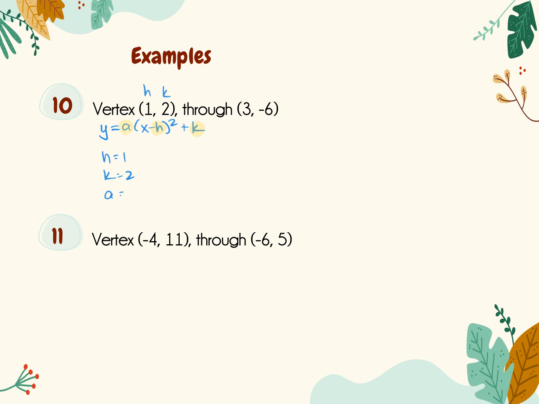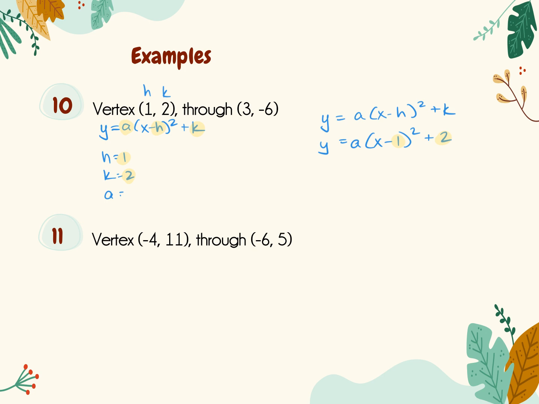So how do I find a? I'm going to write this equation out again: x minus h squared plus k. I'm going to sub in the h and k that I've got, so x minus 1 squared plus 2. I'm subbing in the h and the k that I got here and here.